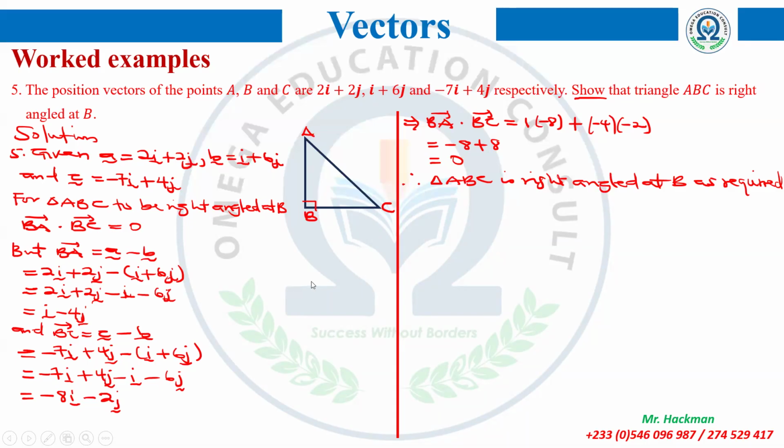Some of you did the wrong thing. I marked you right, but please take note. Remember, you were told yesterday that if you want to use the dot product, for the dot product to be valid, your vectors must be directed towards a common point or away from a common point.